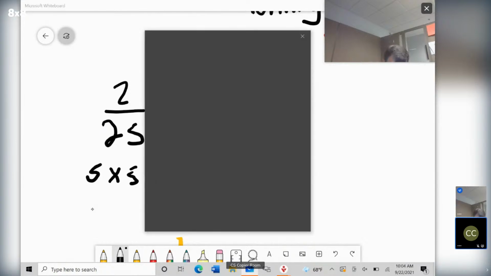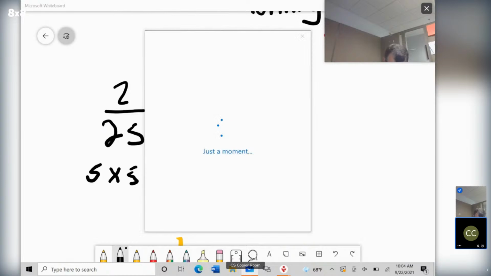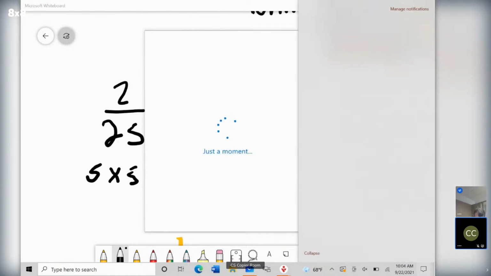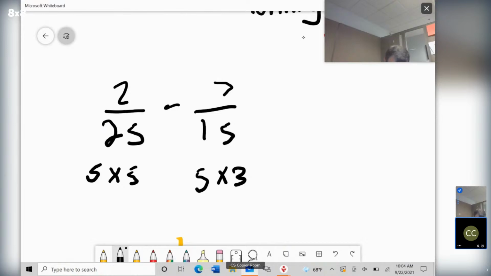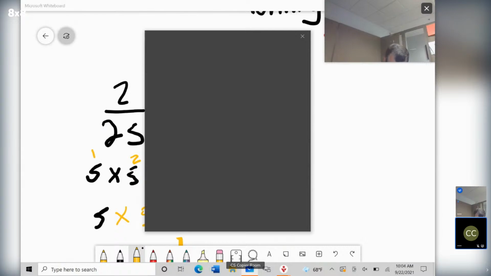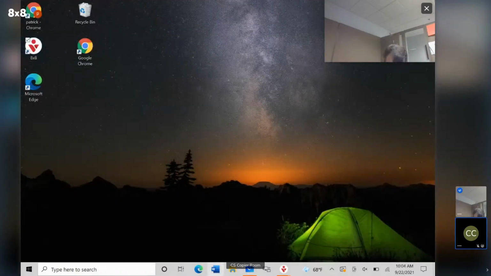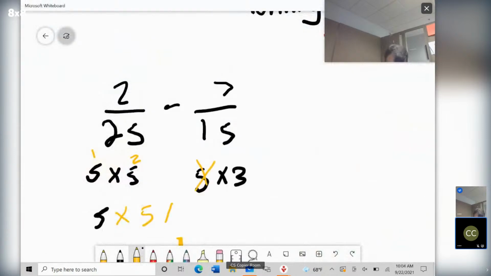So at the bottom we do 5, because there's 1. There's 2. We only need 2 of them. So this one we're going to cross out. So we have 5 times 5 times 3.